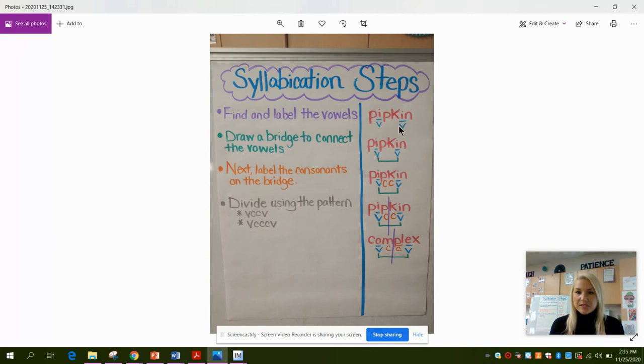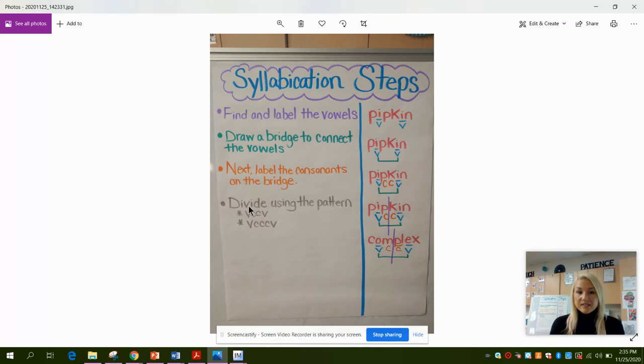The next thing that we've mastered is draw a bridge to connect the vowels. Next, we label the consonants between the two V's, on the bridge.